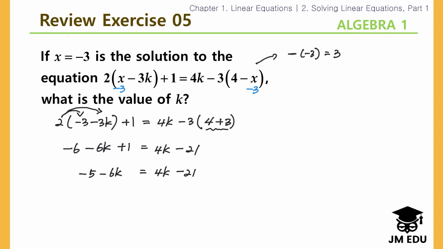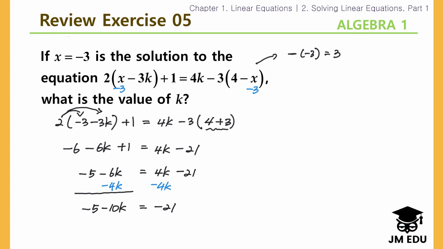Now, what I'm going to do is eliminate 4k on the right hand side by subtracting 4k each side, right? So minus 4k, minus 4k. So on the left hand side, I have minus 5 minus 10k is equal to, 4k eliminates, we have negative 21, right?